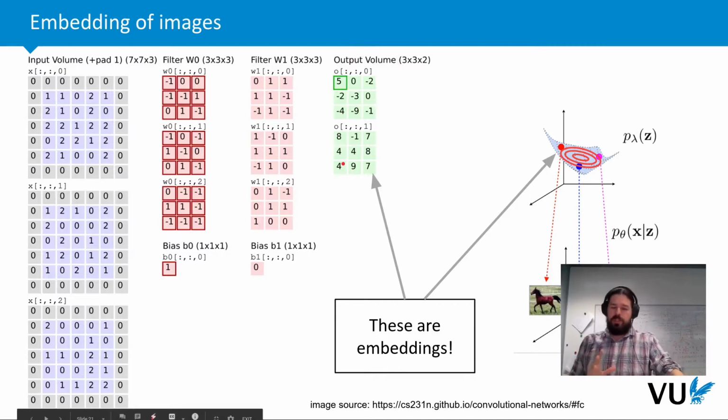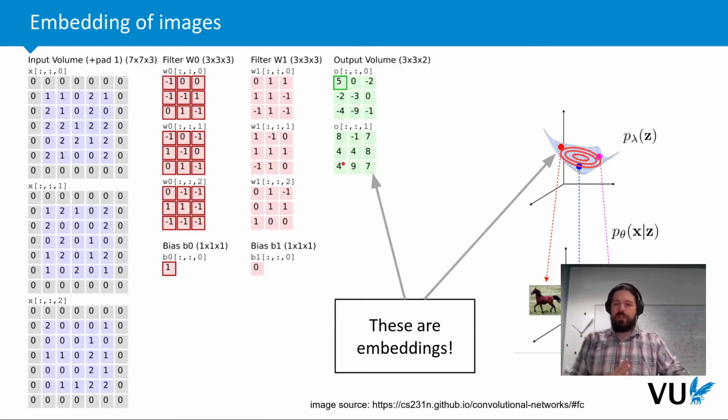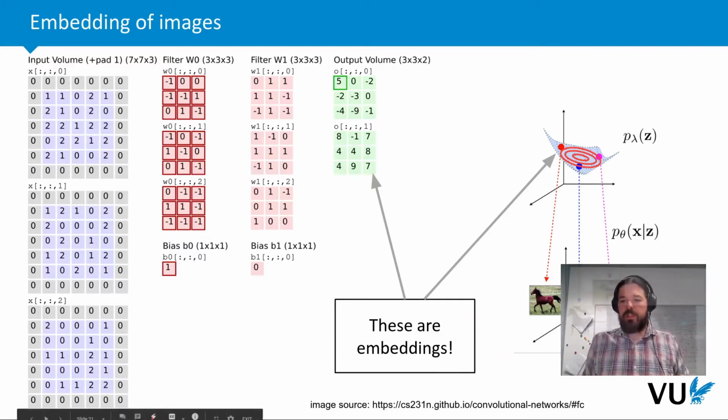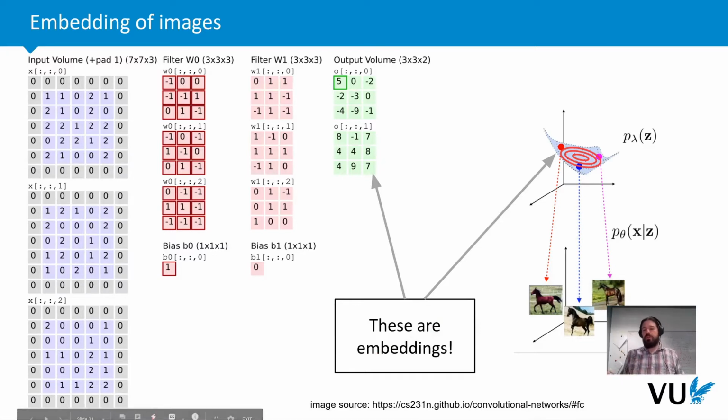Now this output is a representation of that image. It has a lower dimension, so it is basically an embedding. We also saw variational autoencoders and other generative models, which had a space in which the points were basically a distribution, and points in there are also embeddings corresponding to a real-world image in this case.